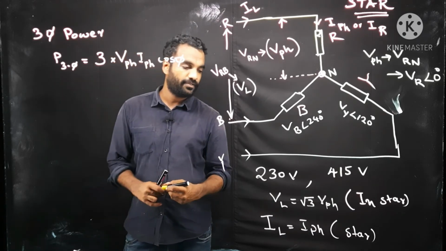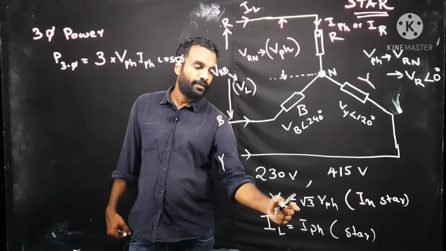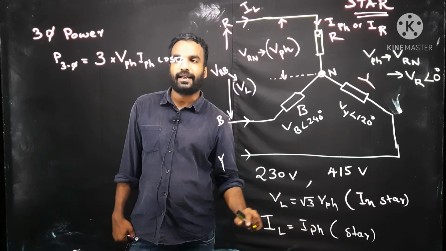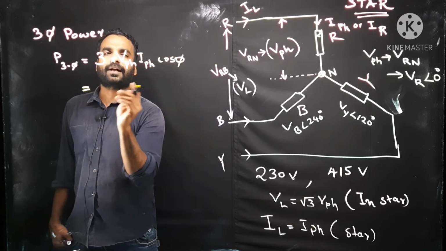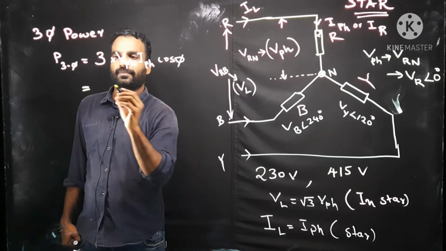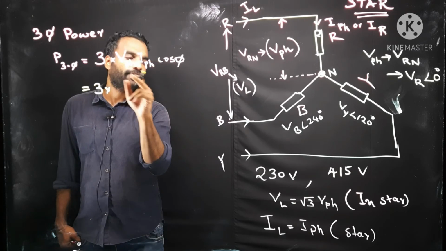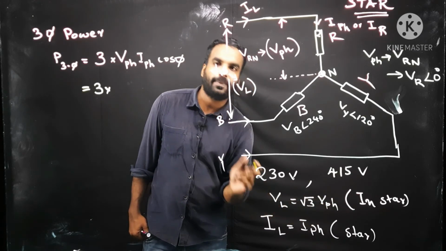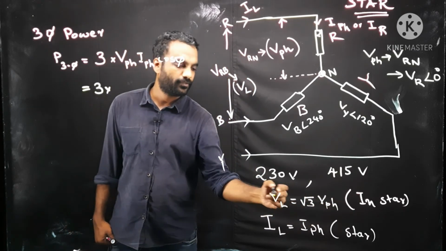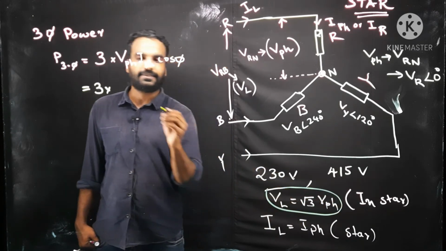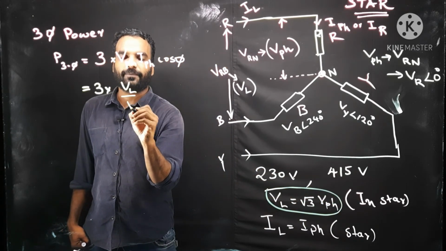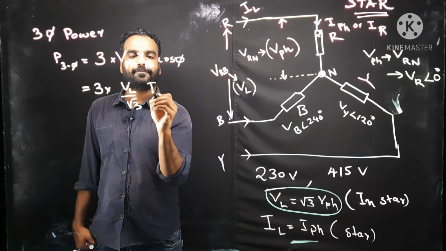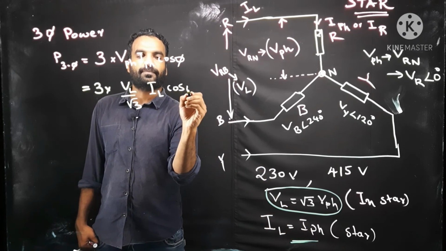Now in star, we know that V phase is equal to VL by root 3 and I phase is IL. In the next step, I am converting this to line. So 3 into V phase, which from this relation is VL by root 3, and I phase is equal to I line, into cos phi.